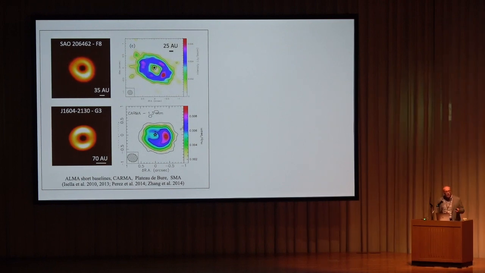We knew already, particularly for a specific class, the transitional disks, that lack infrared excess, which was already modeled as a lack of dust close to the star. And these disks indeed showed cavities in previous observations, obtained, for example, with Plateau de Bure, SMA, and CARMA, and these are just some examples. That was the state of the art at the time of Protostars and Planets 6.